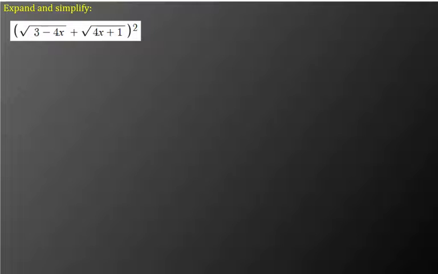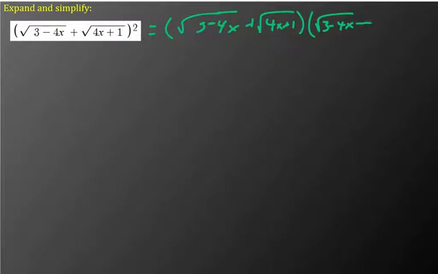So if I was squaring that, I'm just literally multiplying this thing by itself. Whoops, I don't know why I wrote negative there. Square root 3 minus 4x plus square root 4x plus 1 times square root 3 minus 4x plus square root 4x plus 1.